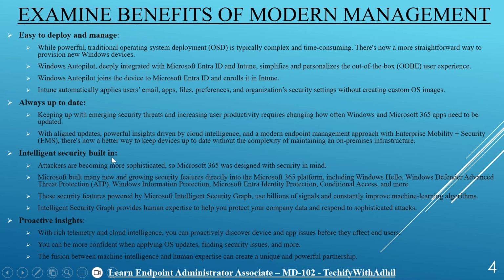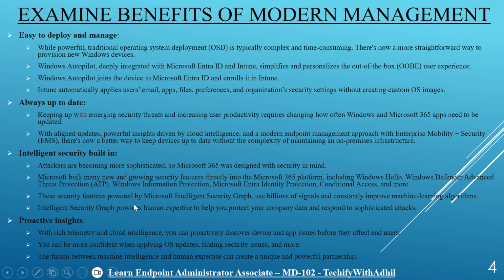Then intelligent security built-in. Attackers are becoming more sophisticated, so M365 was designed with security in mind. Microsoft built many new growing security features directly into the Microsoft 365 platform, including Windows Hello, Windows Defender Advanced Threat Protection (ATP), Windows Information Protection, Microsoft Entra Identity Protection, Conditional Access, and more.